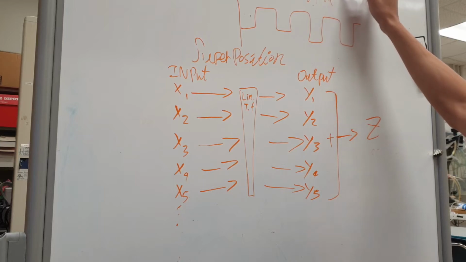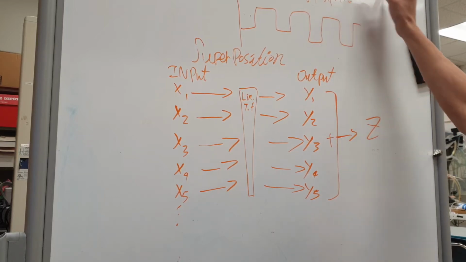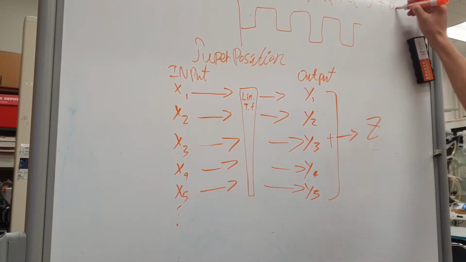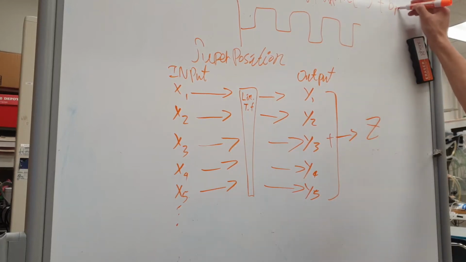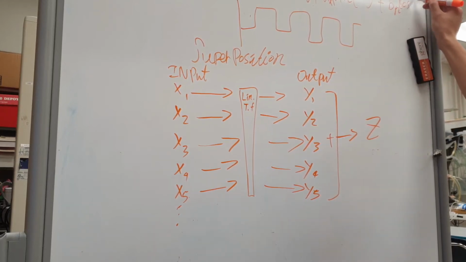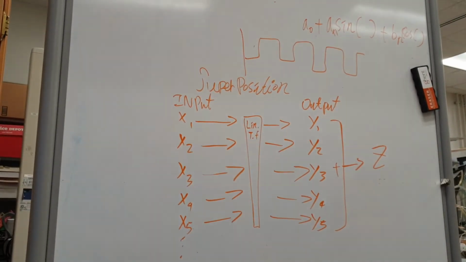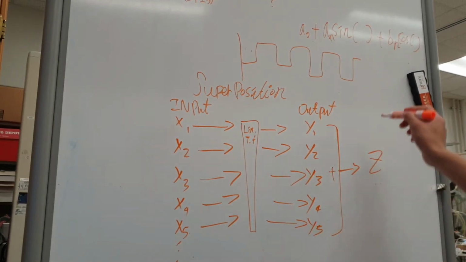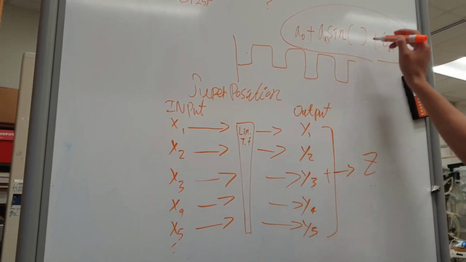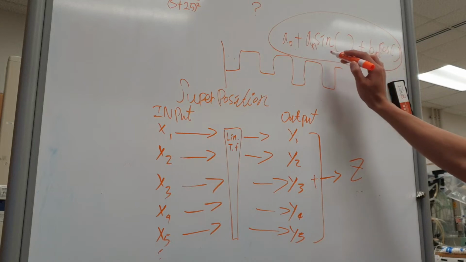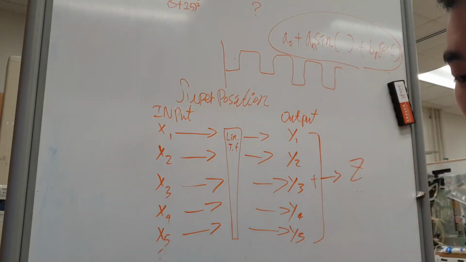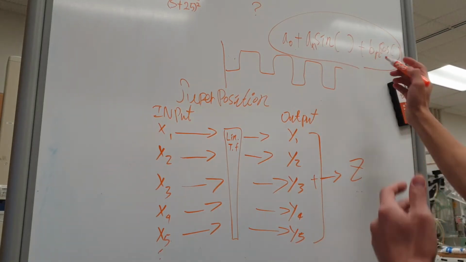We know the sine or cosine terms, a_n sine plus b_n cosine, something like that. So we'll have almost an infinite number of harmonics of this, according to the Fourier series.